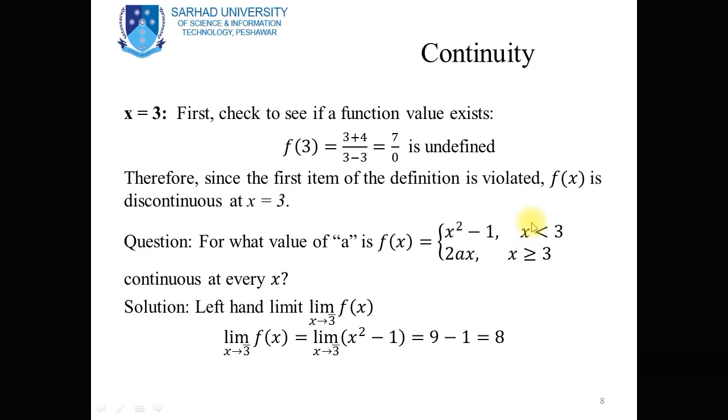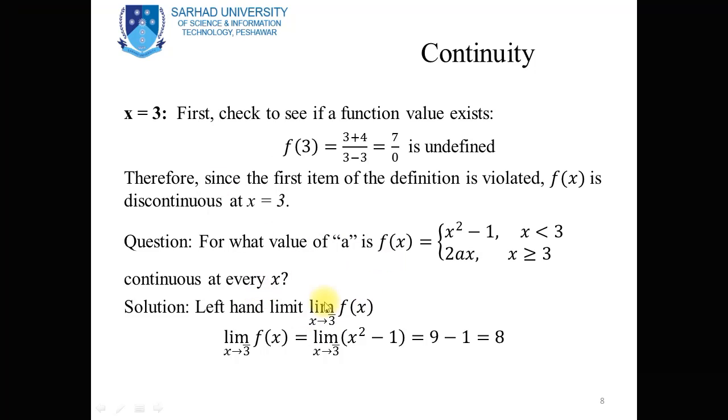When x is less than, this piece will be used for the left hand limit, and when x is greater than, this piece will be used for the right hand limit, and x equal to will be used as the function value. So if the function value is equal to the left hand limit and equal to the right hand limit, then the function will be continuous in case of a piecewise function.